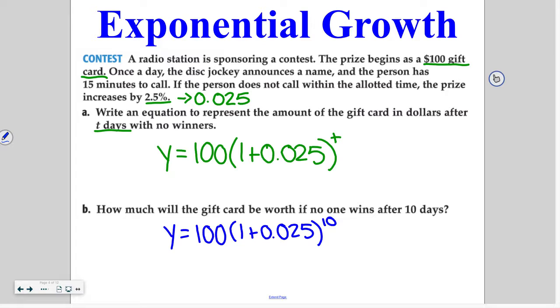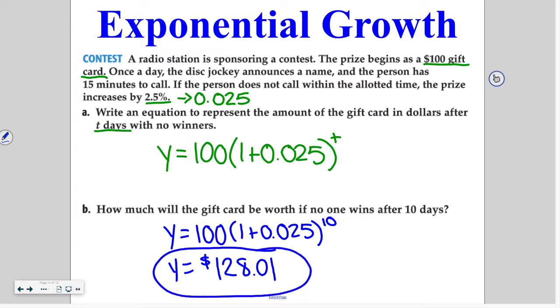It is crucial that you close those parentheses, otherwise the exponent will only go to the second number and will not be put on the 1. So, our final answer for this is $128.01, making sure that you are rounding to 2 decimal places when it is money involved.